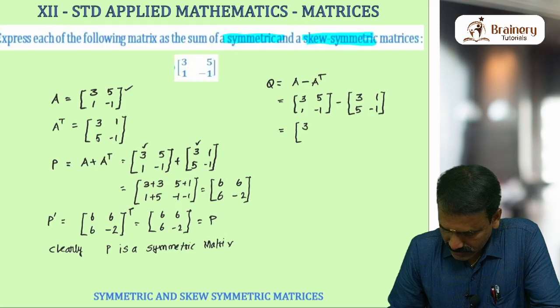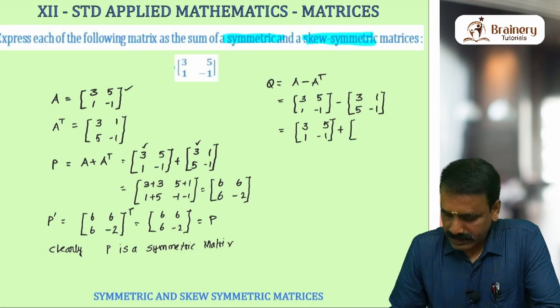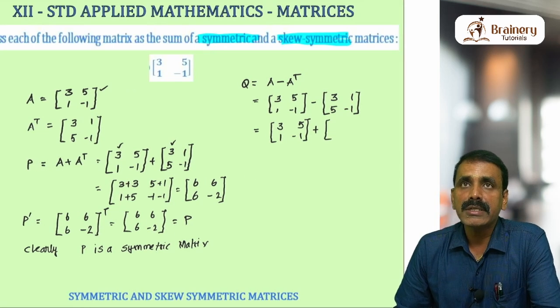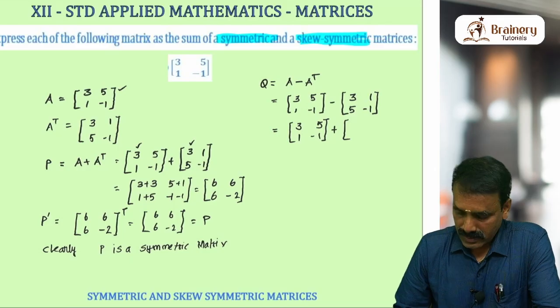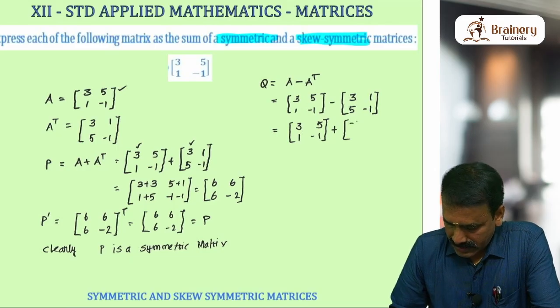This is 3, 5, 1, minus 1, plus of, I multiply that minus symbol inside. I am changing this one to negative matrix. So minus 3, minus 1, minus 5, plus 1.